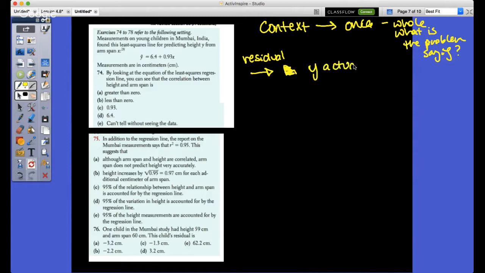My y-actual is higher or lower, depending on whether it's, hold up, let me write it out. Then I have to write it out first. I can't talk and write at the same time.